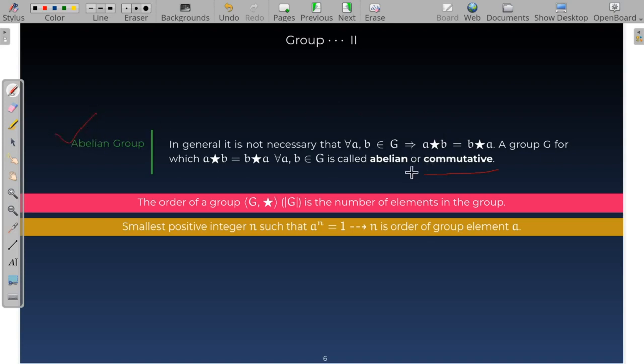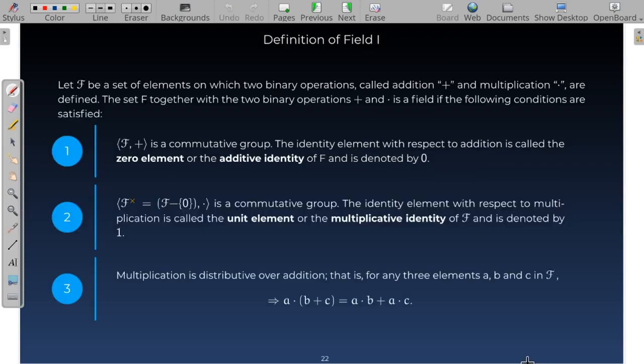Now we are going to proceed to the definition of field, and we will see what a field is. So as a group is a doublet, a field is a triplet. What I mean by triplet is that it is a set F together with two operations. In general, it is going to be multiplication and addition.